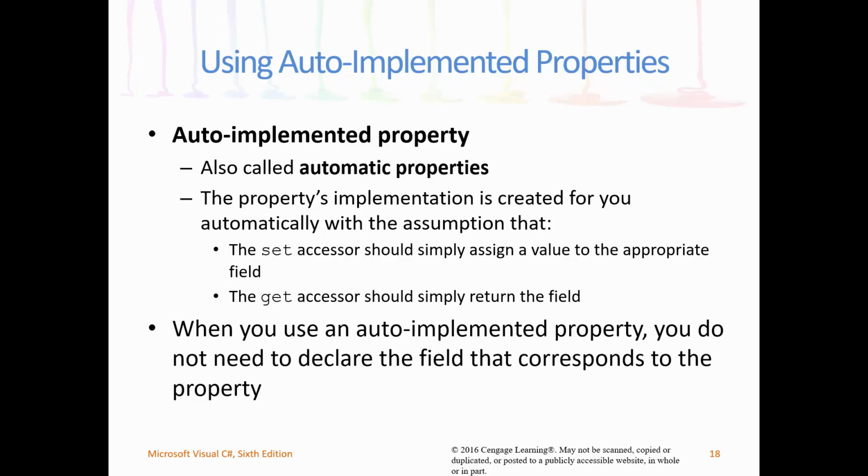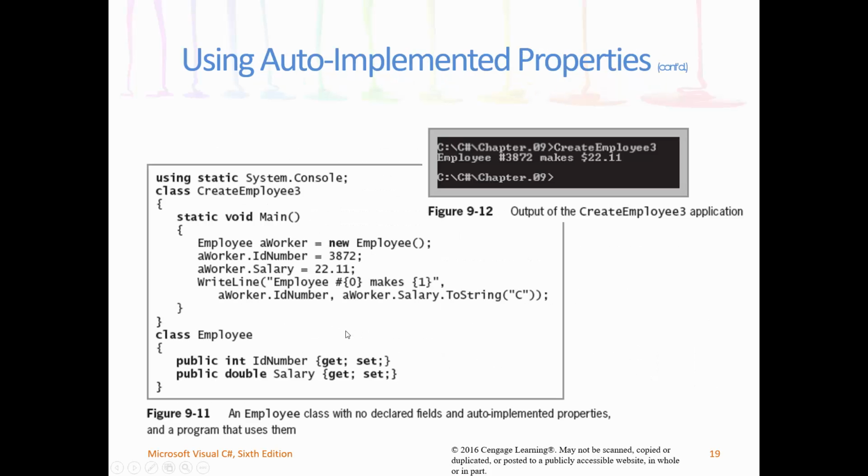So if you use an auto-implemented property, you don't need to declare the field that corresponds to the property. What does that mean? That means that you can do something like this. So notice we just have public int IDNumber get set, public double Salary get set.